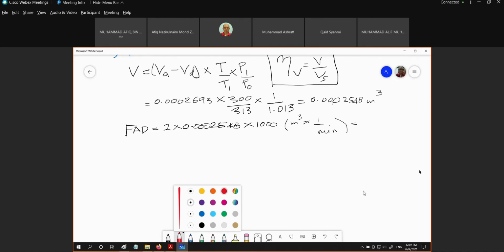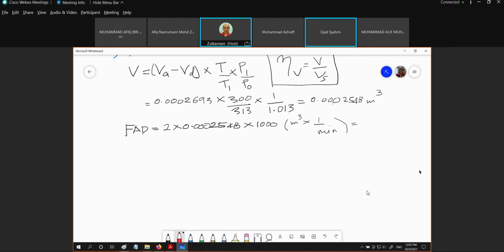What is this? 0.5096. The unit is in meter cube per minute. So this is our answer for FAD.